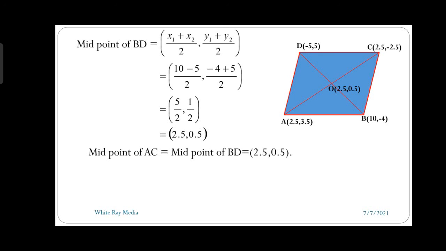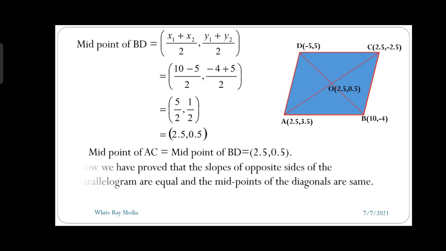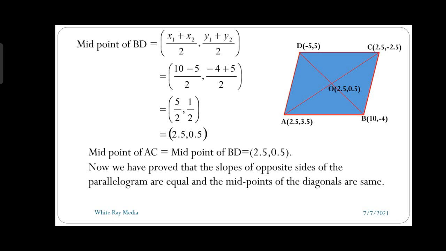Therefore, the midpoint of AC is equal to the midpoint of BD, which is equal to (2.5, 0.5). Now we have proved that the slopes of opposite sides of the parallelogram are equal and the midpoints of the diagonals are the same. Therefore, the given points form a parallelogram.